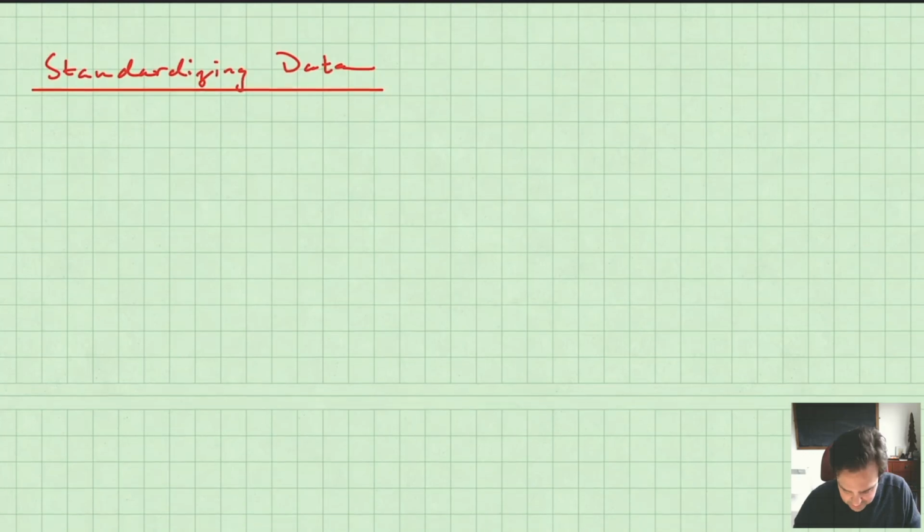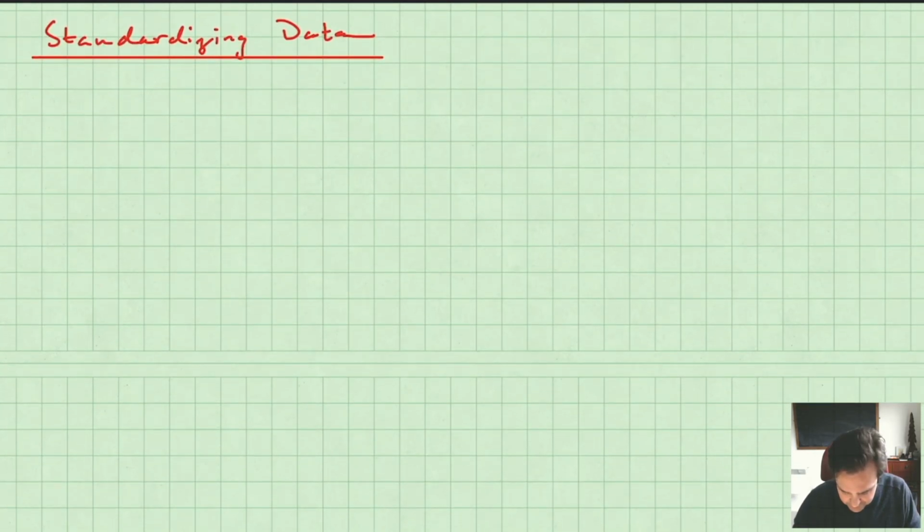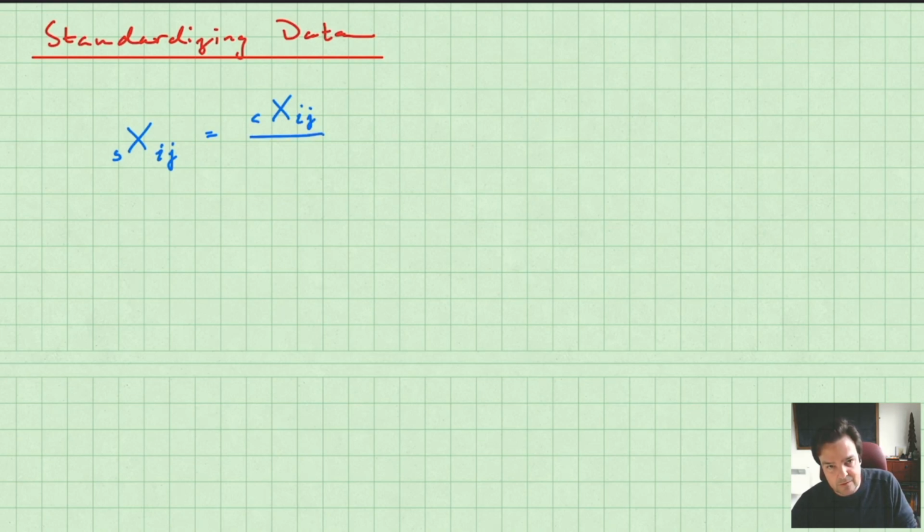So standardizing the data. Here's the idea. We invent this thing called the standardized data, X sub S. That's a matrix whose row i, column j is the centered data, row i, column j, divided by the square root of the variance, the standard deviation, of column j of the X matrix.